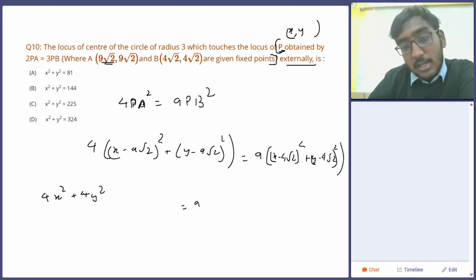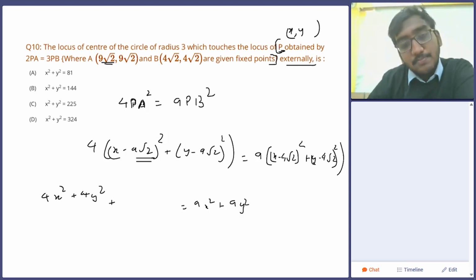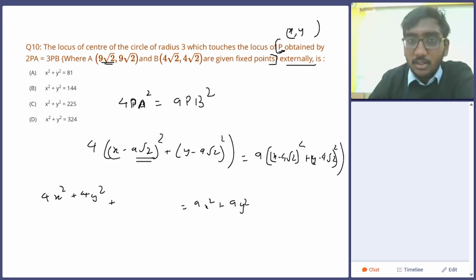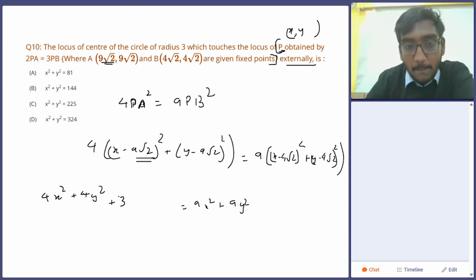On the right hand side it will be 9x square plus 9y square, right? Plus this will exist. 9 root 2 square into 2, that is 324, right? And what about here? It will be 4 root 2 whole square into 2.